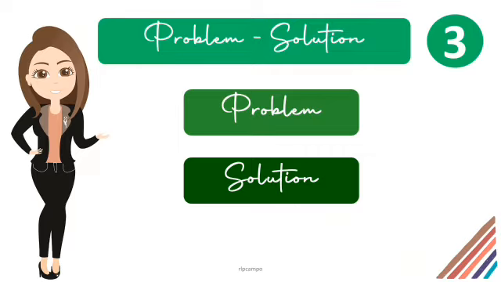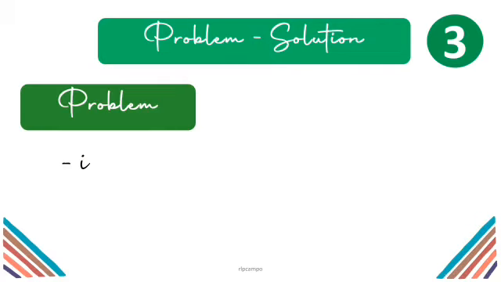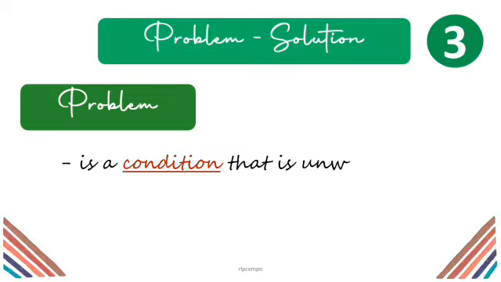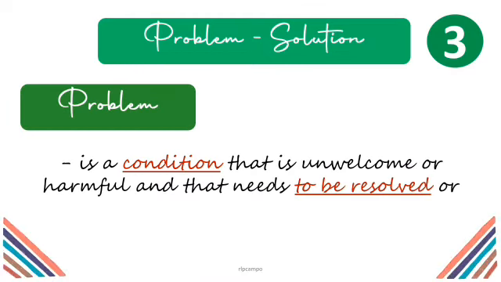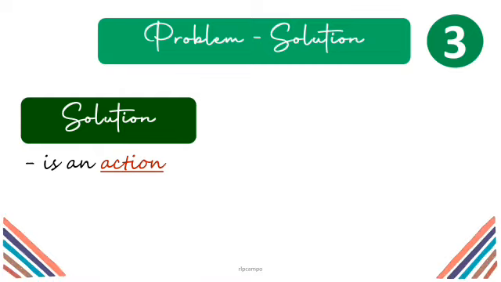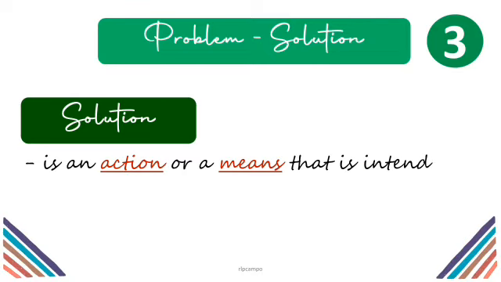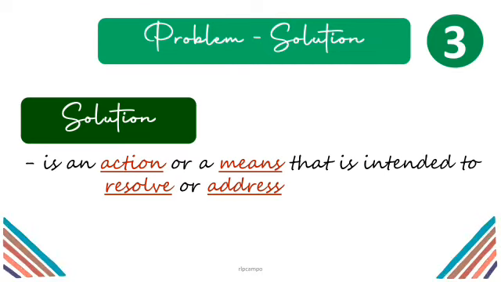The third category is problem solution, and let us differentiate the two concepts. A problem is a condition that is unwelcome or harmful and that needs to be resolved or overcome. While a solution is an action or a means that is intended to resolve or address a problem.